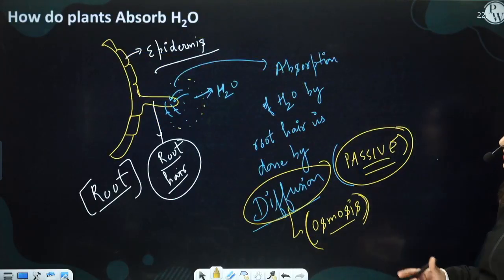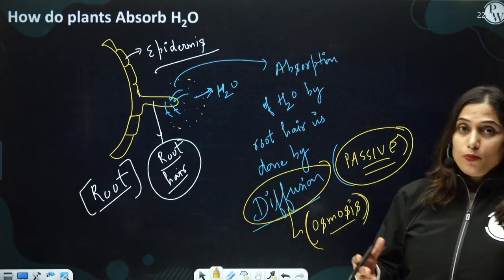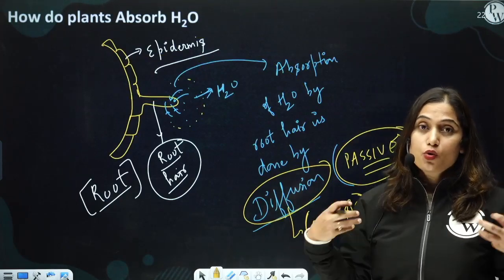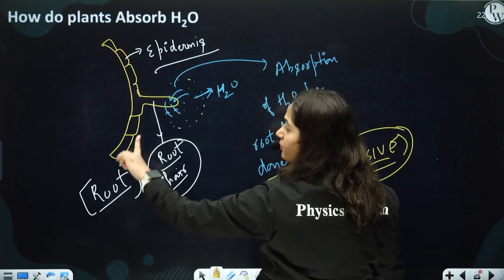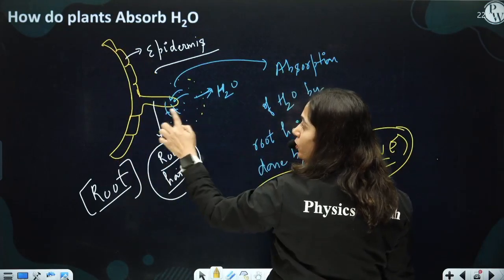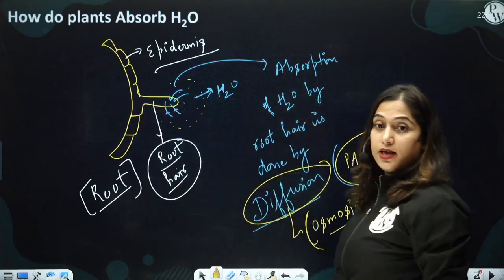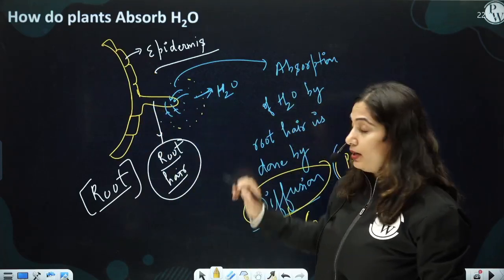First of all, let's understand how plants absorb water from the soil. Okay, so this is a root, this is the epidermis of the root, and this is the root hair. This root hair is in direct contact with the soil.